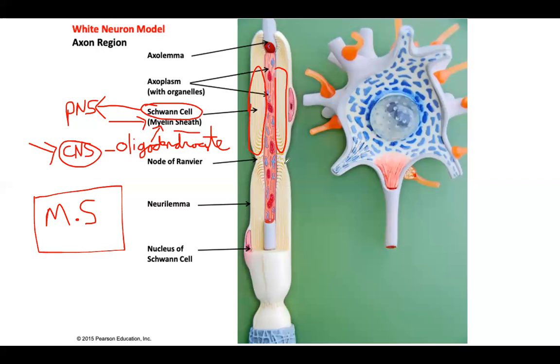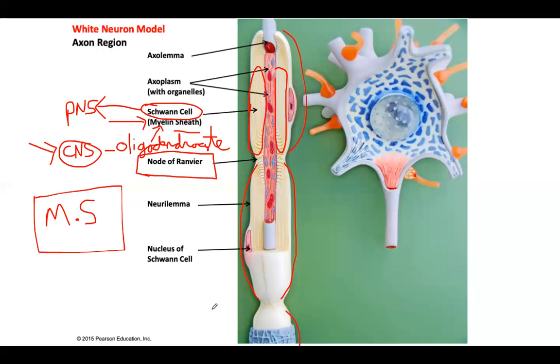Let me show you. So right here, this happens to be a Schwann cell. That's one Schwann cell. Up here is another Schwann cell. And then down here is another Schwann cell. And between Schwann cells, I'll put it in a square here, it's called the node of Ranvier.